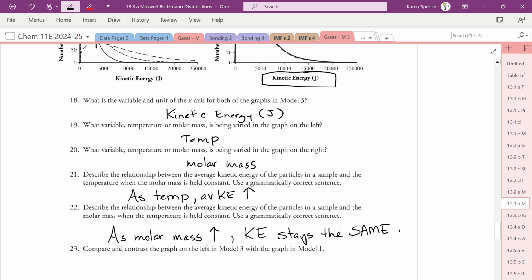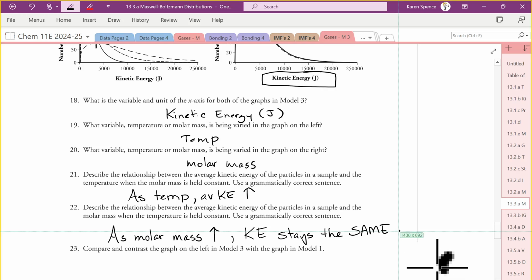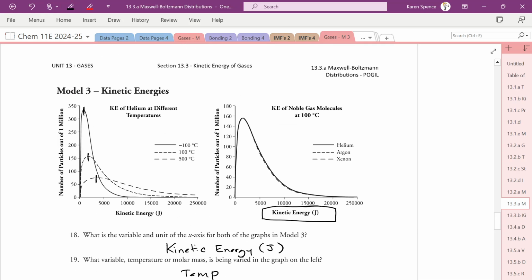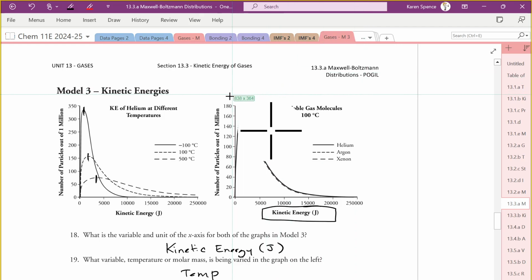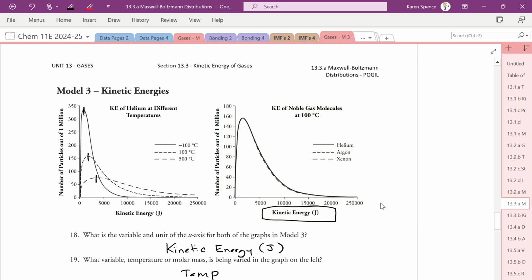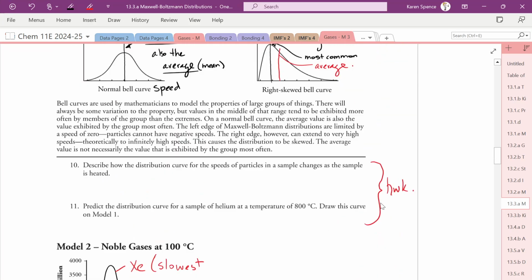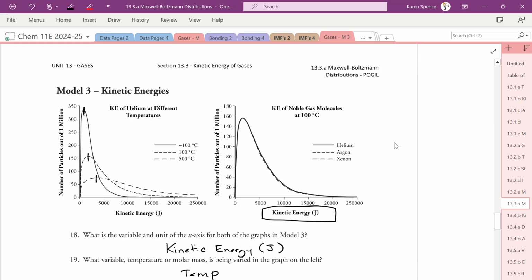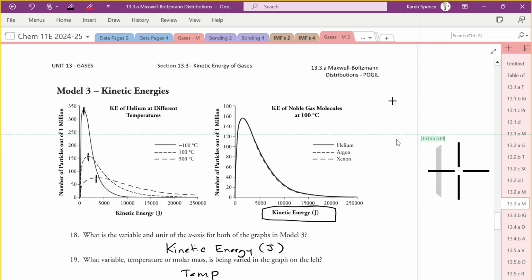Compare and contrast the graph on the left in Model 3 with the graph in Model 1. Okay. I'm going to grab this graph here and put it beside Model 1. The graph on the left.